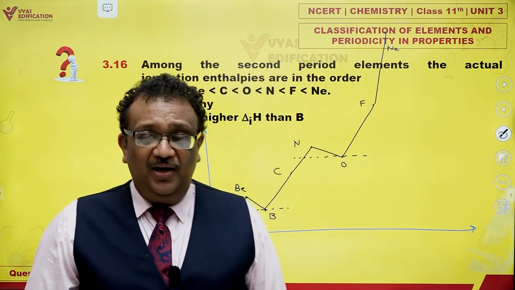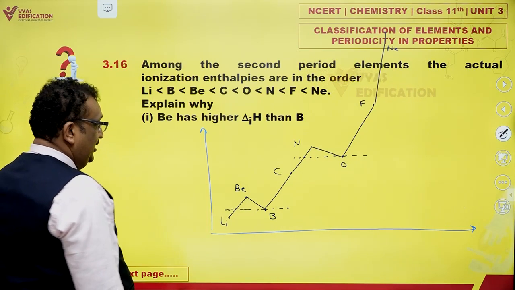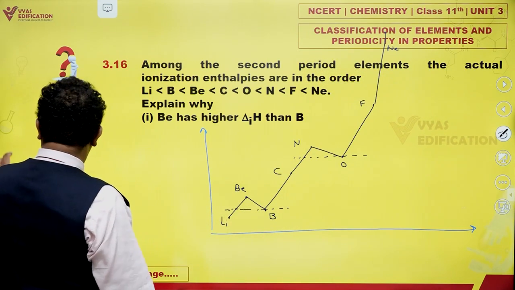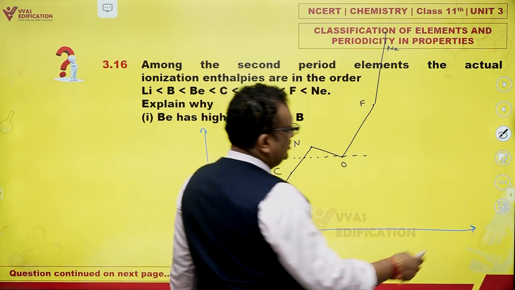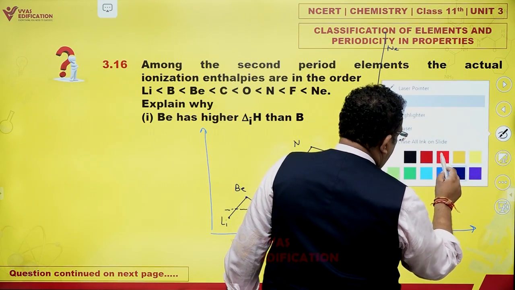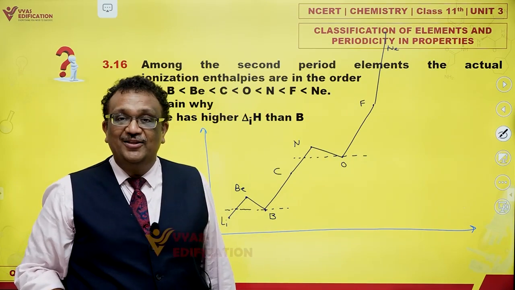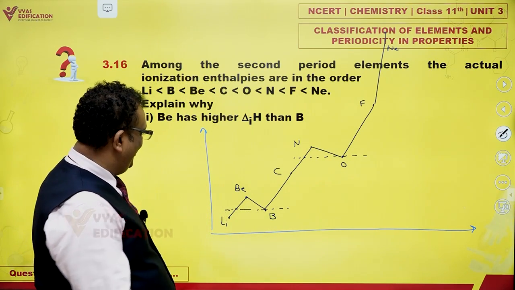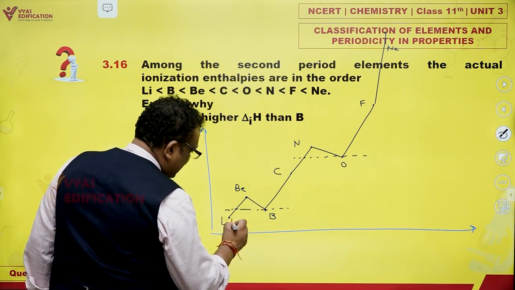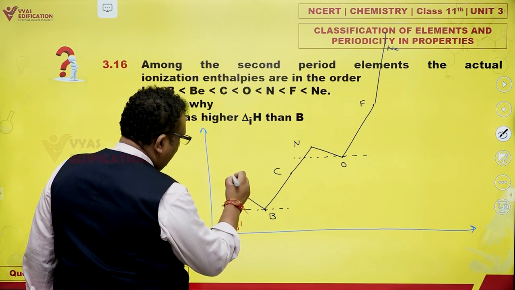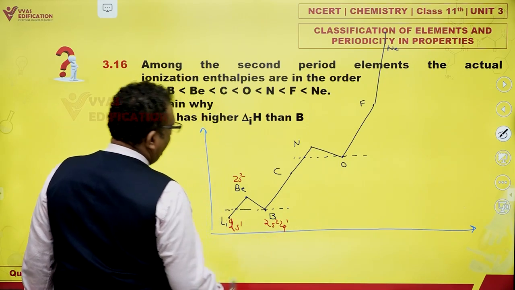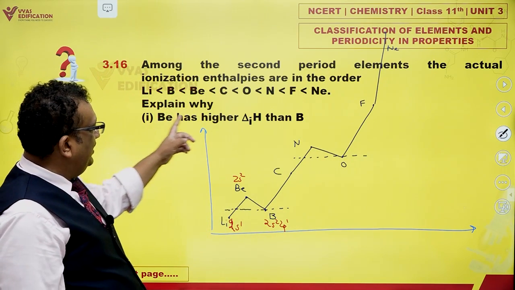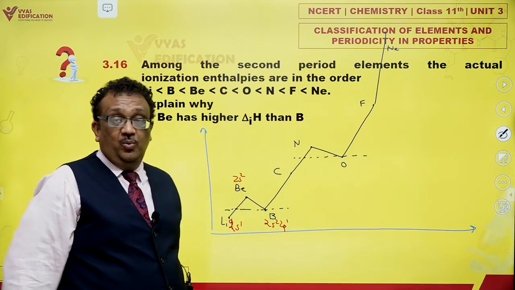And I have been asked to explain these two dips. Why a dip at boron and why a dip at oxygen. Actually, if you look carefully, you can relate this with their electronic configuration. Lithium is 2s1, beryllium is 2s2, and boron is 2s2, 2p1. So beryllium has higher delta H ionization than boron. Why?